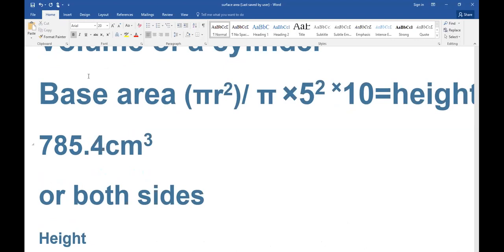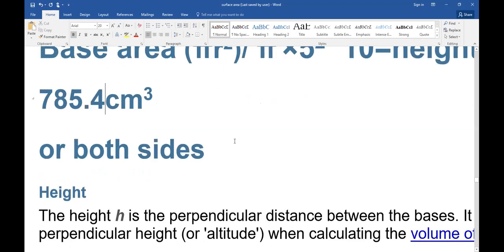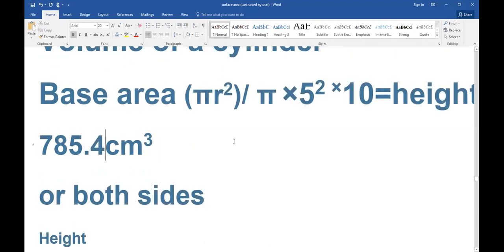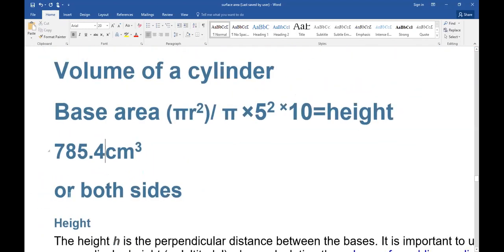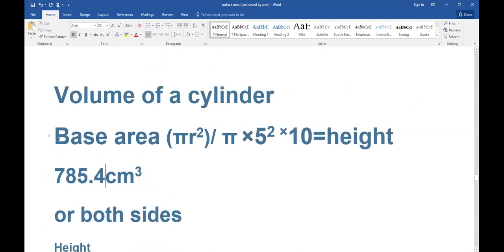Why do we have cubic centimeters? The reason is that we are talking about 3 units. Base area is found in centimeters squared, and then we have the height.